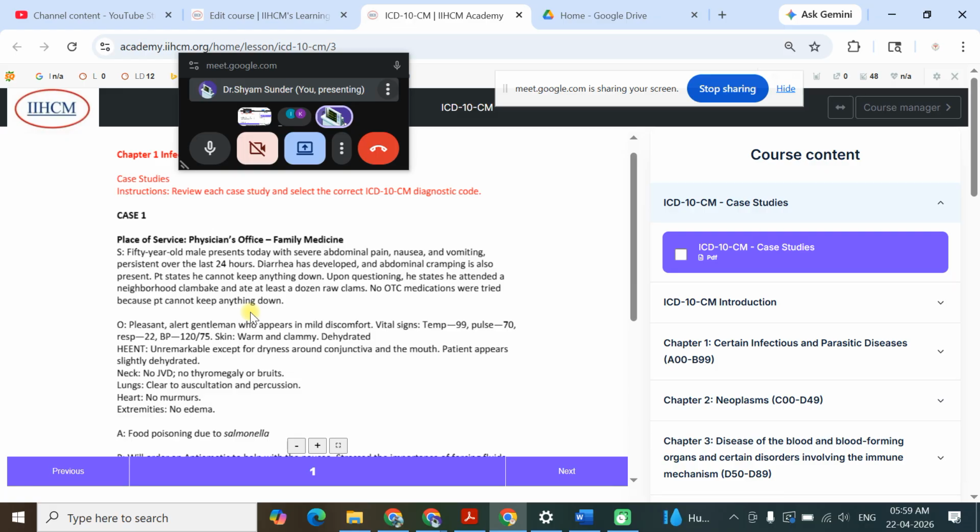Coders have to read and understand whether it is straightforward, low or high. Doctors will not write it, and that's the reason we are learning medical terminology. We understand how the documentation happens. We also understand the nature of the problem.